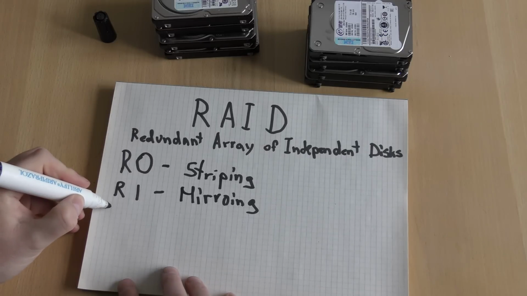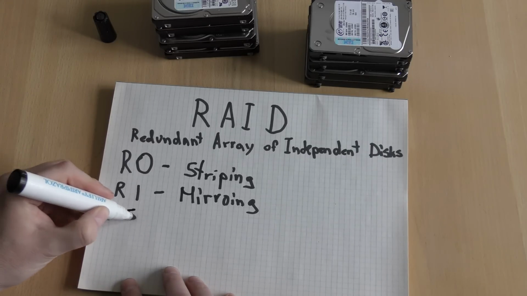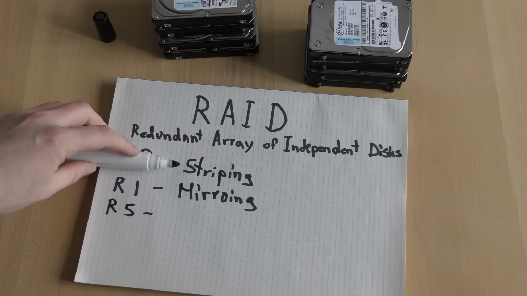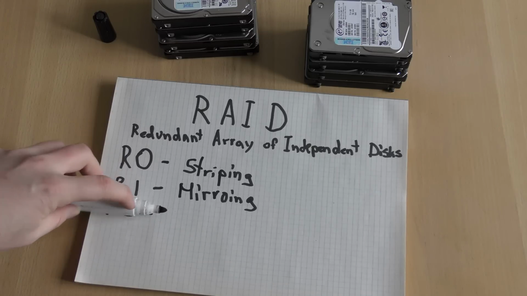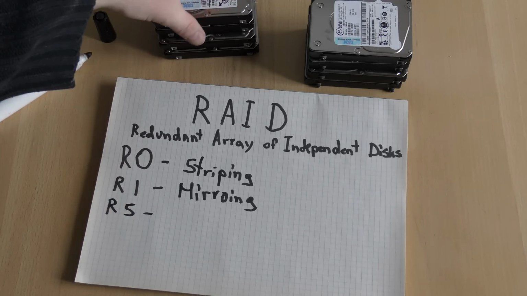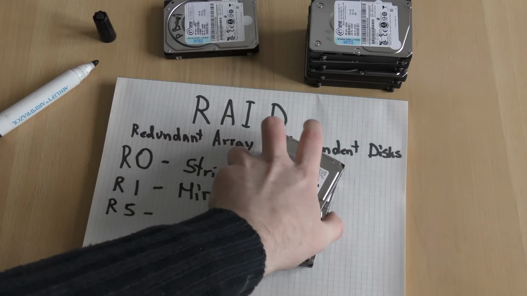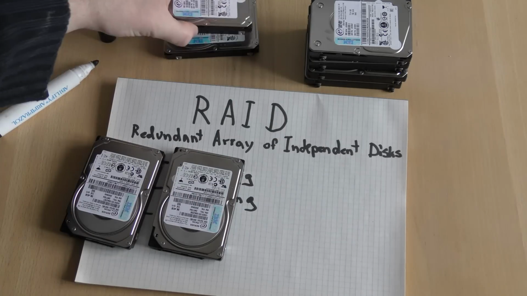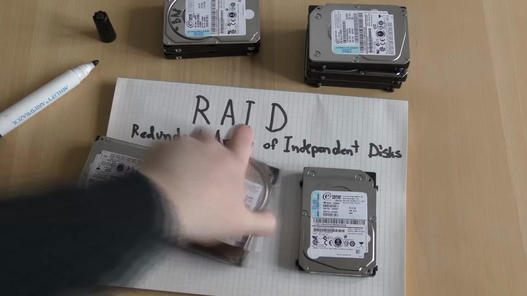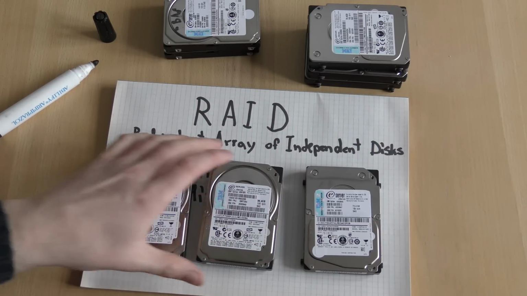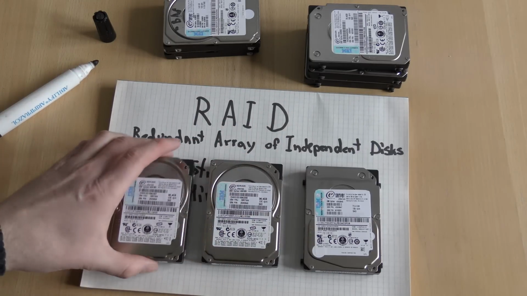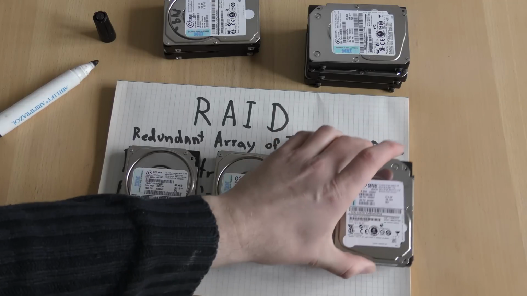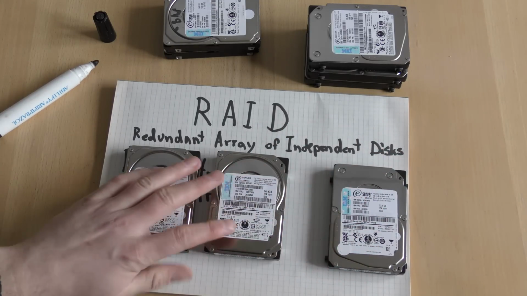The next really common one is RAID 5. RAID 5 is a kind of striping, but it comes with security. For doing a RAID 5, you need 3 disks. Oh, yeah, gotta take another one. This one is still bad. We have 3 disks here, and when I write my MP3 file, half of the data will go to this disk, half of the data will go to this disk, and the last disk will be a checksum of the data on these disks.